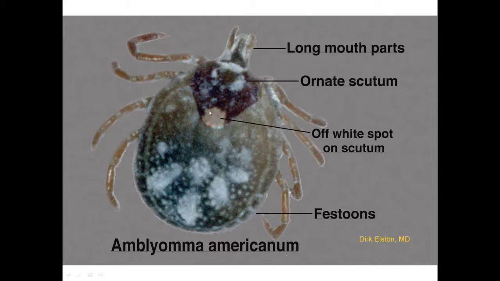Female always has a small scutum, so the abdomen can engorge because it's the female that sucks blood and attaches. It carries southern tick-associated rash illness, carries ehrlichiosis, and can carry Rocky Mountain spotted fever.